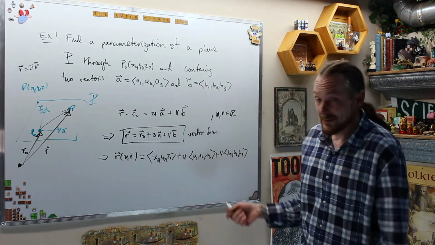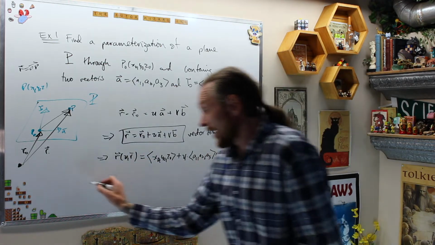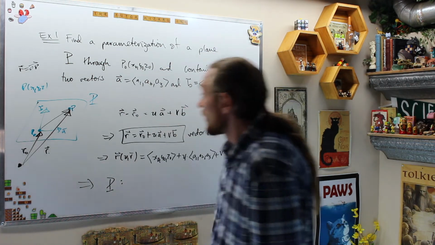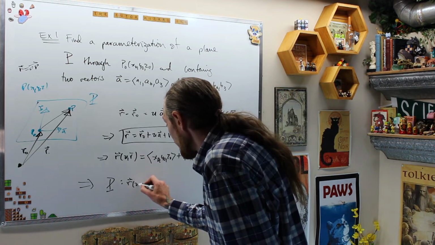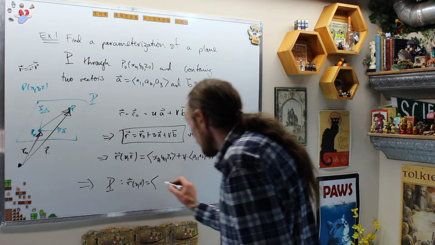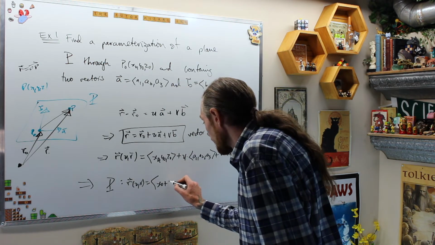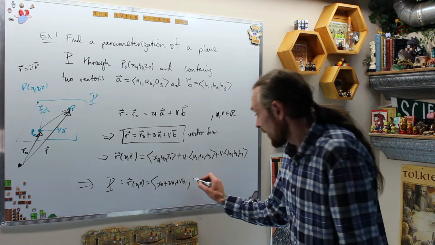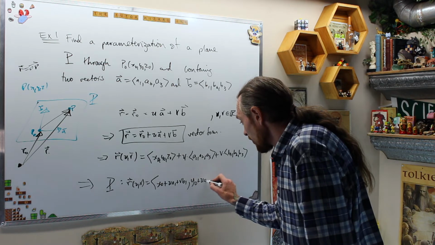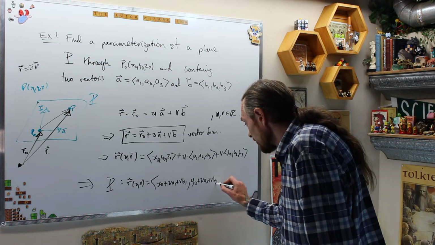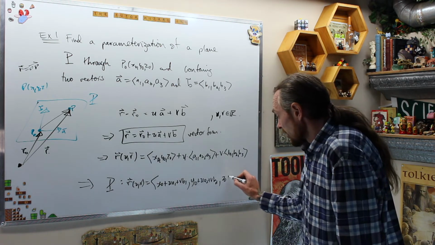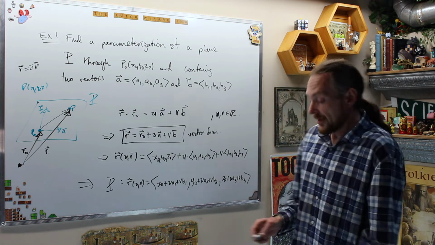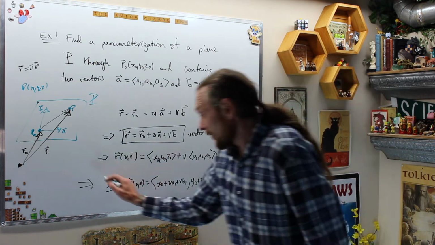Once I have that, I use scalar multiplication and addition of vectors, and I get our parameterization of this plane, which is our surface, which is going to be R of UV is equal to x naught plus UA1 plus VB1, comma, y naught plus UA2 plus VB2, and z naught plus UA3 plus VB3. This is the parameterization of that plane.